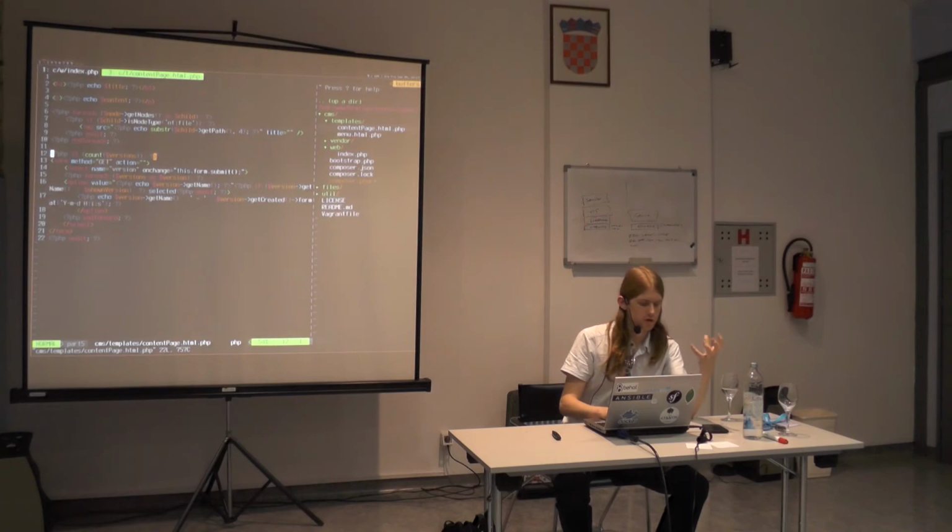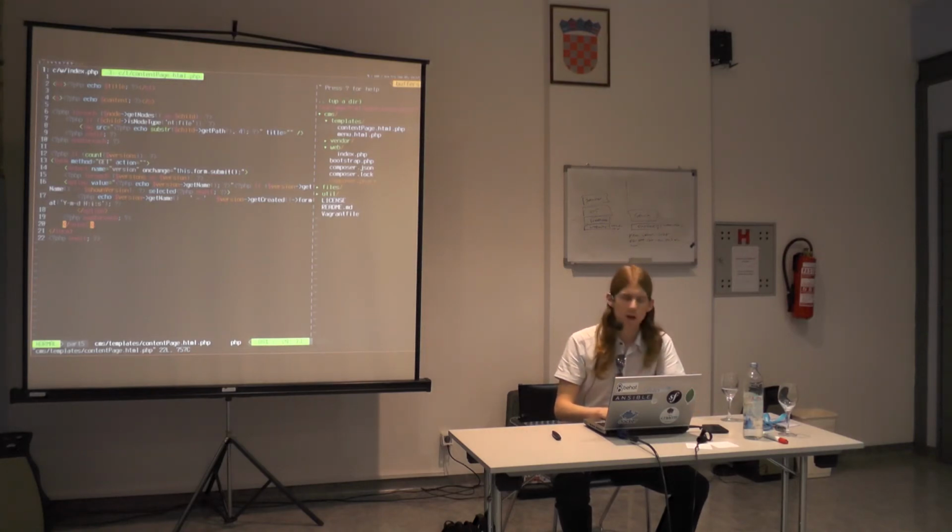If I have versions, I'll create the form with the dropdown, and the version has a name. I use as value as well as a label later on. And I also show the date the version was created. This will return a datetime object, so you need to format it. And that's more or less how I created the versions.